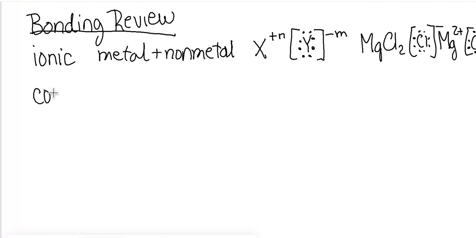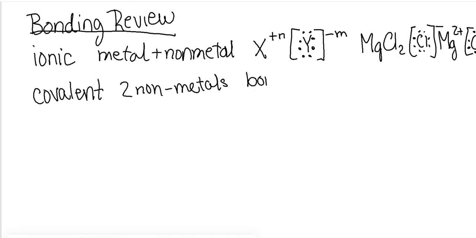Then we went to covalent. Covalent is between 2 nonmetals. And for this one, we represent bonding pairs with dashes.